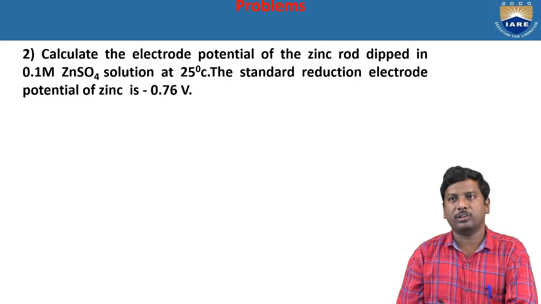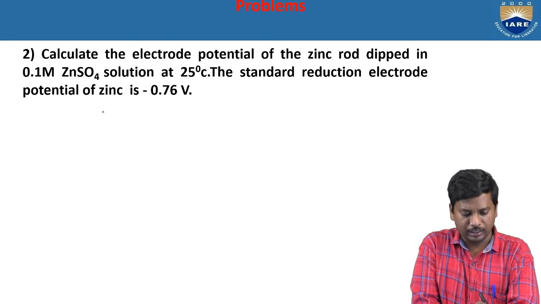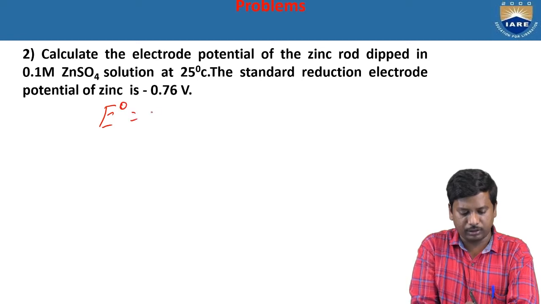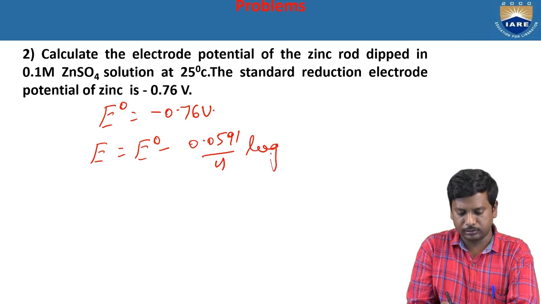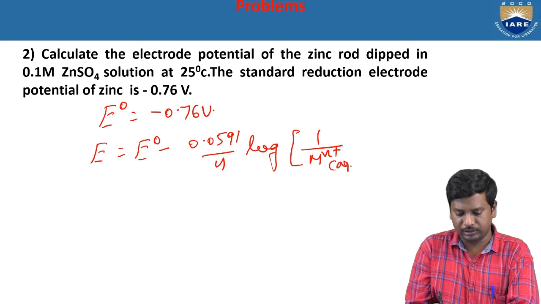Calculate the electrode potential of a zinc rod dipped in 0.1 molar zinc sulfate solution at 25 degrees centigrade. The standard reduction electrode potential of zinc is minus 0.76 volts. That means the given data, E naught standard electrode potential, is equal to minus 0.76 volts. The formula is E is equal to E naught minus 0.0591 by n log of the concentration of M n plus in aqueous media.